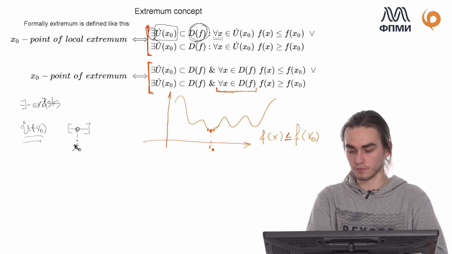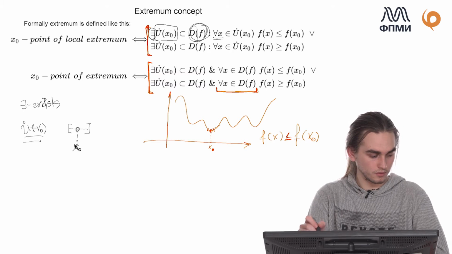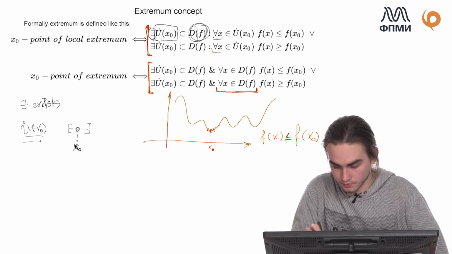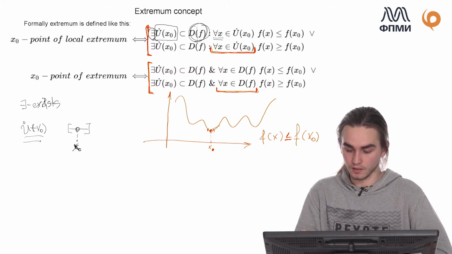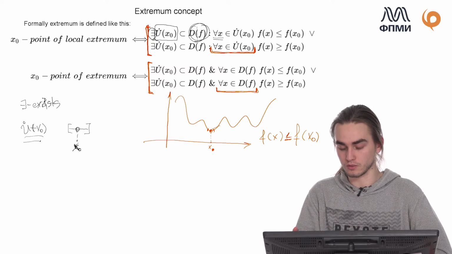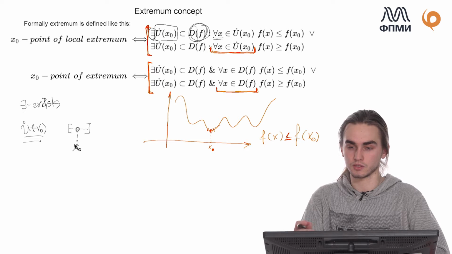X from the definitional domain, and x from this area which does not contain x sub 0. So basically in one case you're taking into consideration all points, and in the other one you're taking just a tiny bit of them.